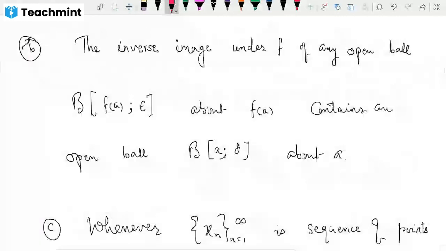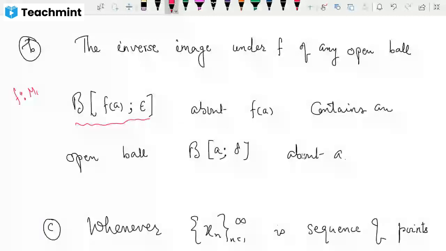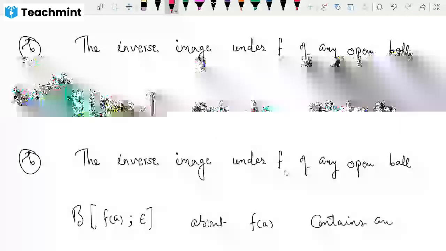The inverse image under f of any open ball about f(a) with radius epsilon contains an open ball about a. Suppose f is a mapping from M1 to M2. Then this is an open sphere in M2.